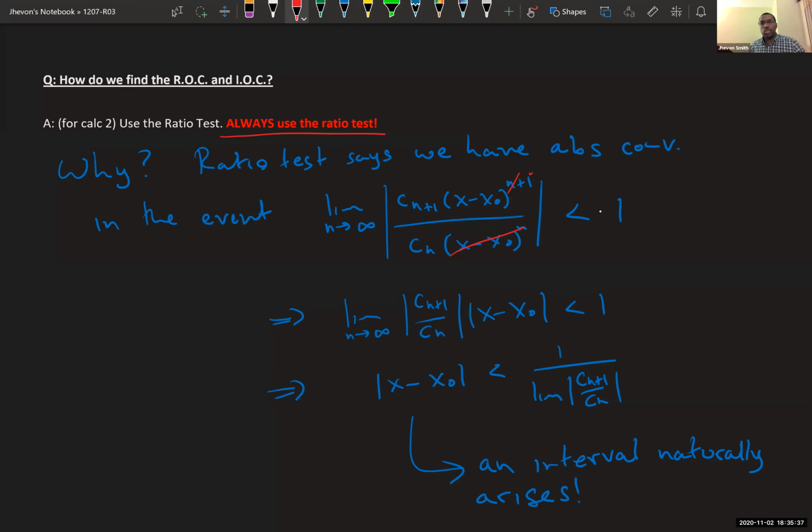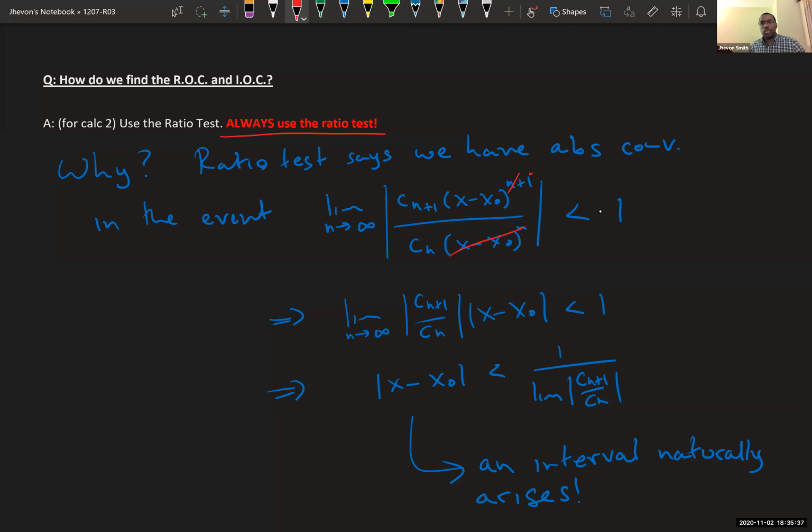Okay, so this is a power series. How do I know this is a power series? Well, notice that this is equal to, plug in n equals 0, I get 1. Plug in n equals 1, I get x. Plug in n equals 2, I get x squared. Plug in n equals 3, I get x cubed. Plug in n equals 4, I get x to the 4th, plus dot, dot, dot.